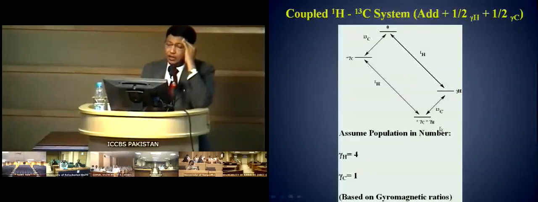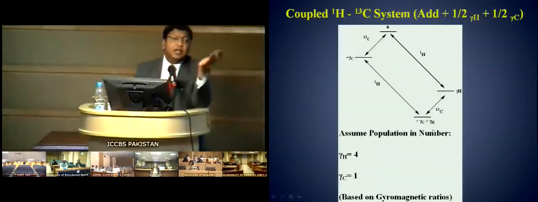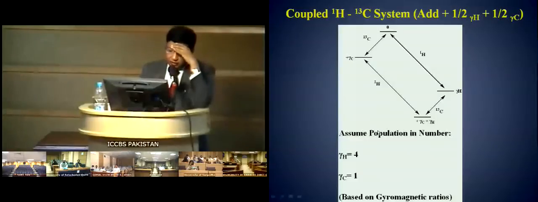Very simple. Now, in order to understand the population, one needs to have numbers. Even the population difference, the Boltzmann distribution, is actually numbers. Without having numbers, it's very, very difficult to understand the intensity enhancement because of a selective action. So if anybody has a problem, I think we go back to this.